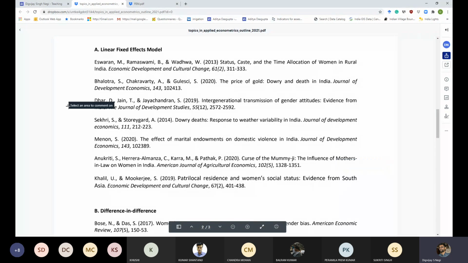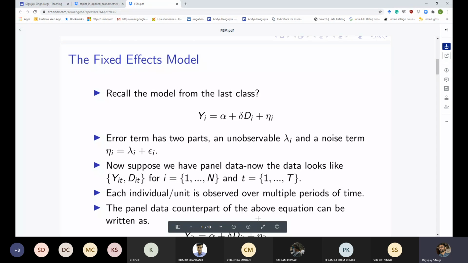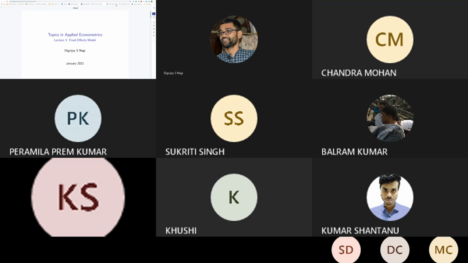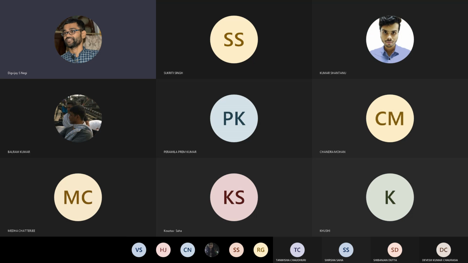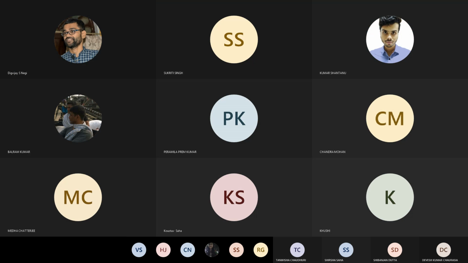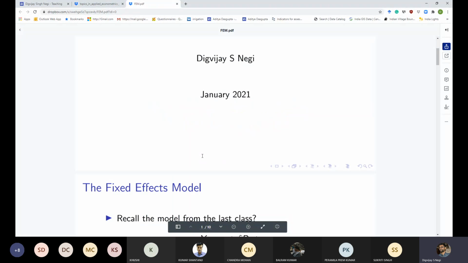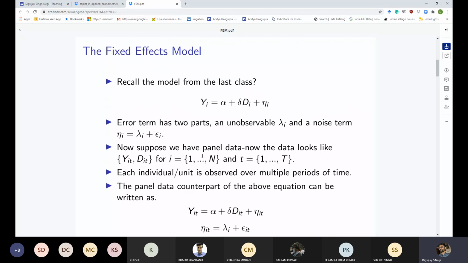Okay, so let's continue with what we were talking about last time. We were talking about fixed effects, right? The problem was that we had an error term, and that error term had two objects.